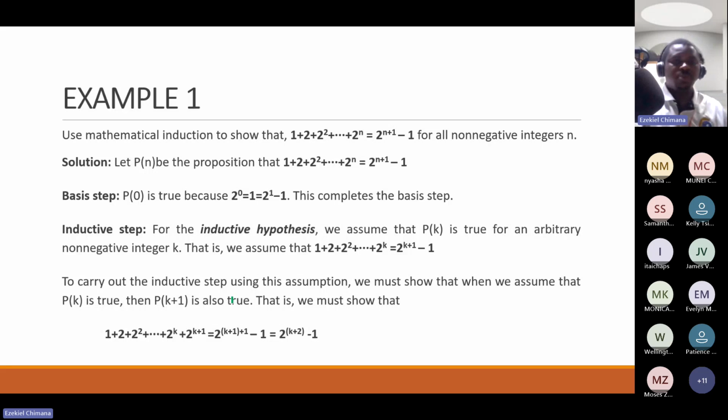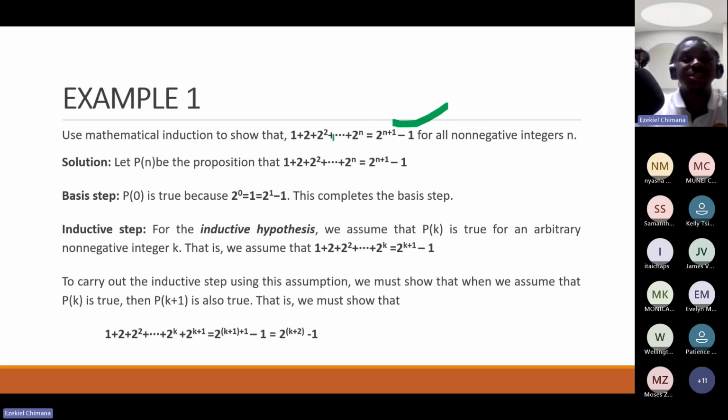So if we take this example, which says 1 plus 2 plus 2 squared plus up to 2 to the power n always equals 2 to the power n plus 1 minus 1 for all non-negative integers. So that's what it's saying. Given this formula, you can generate all these numbers.